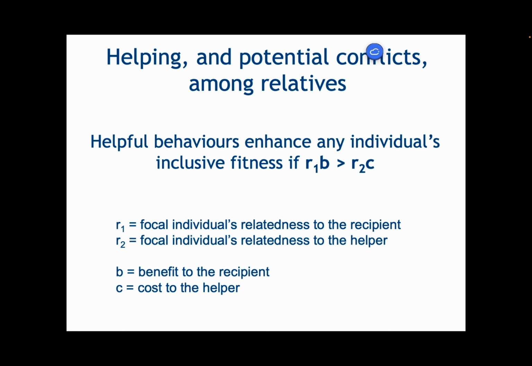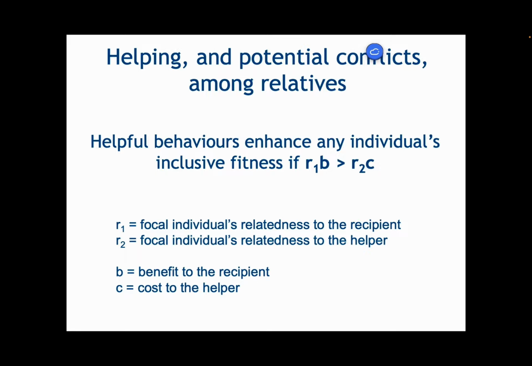Okay, so remember we expanded Hamilton's rule this way to make it a little bit more general so that we could look at what is the preferred outcome from the point of view of any individual in the family, any interested individual, not necessarily just applying it to the helper. For regular Hamilton's rule, if the focal individual, the individual from whose point of view we are looking at things, is the helper, then this term here, R sub 2, the relatedness to the helper, is going to be 1.